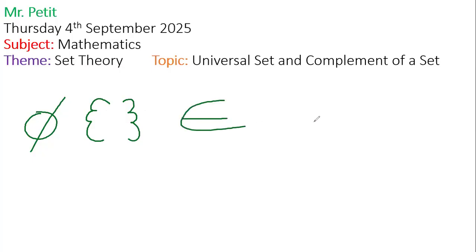Element of, very good. What is this symbol? Not an element of, very good.